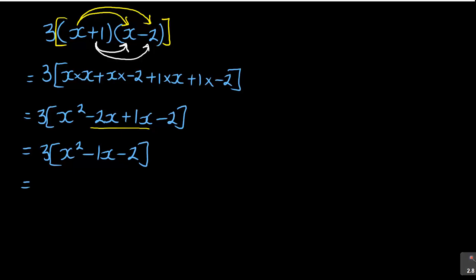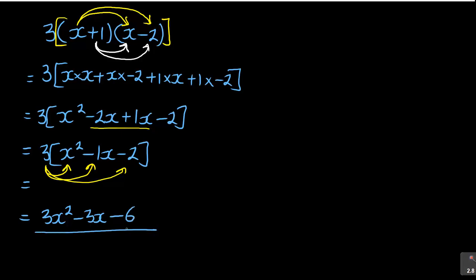Continue equal to, now you distribute the 3. The 3 will multiply, the 3 will multiply, and the 3 will multiply. So if you do that, 3 times x squared is equal to 3x squared, 3 times negative 1x is negative 3x, 3 times negative 2 is negative 6. Then you have managed to simplify.